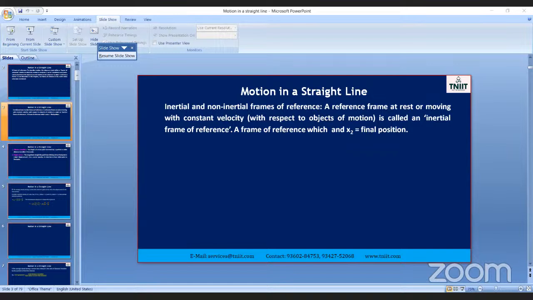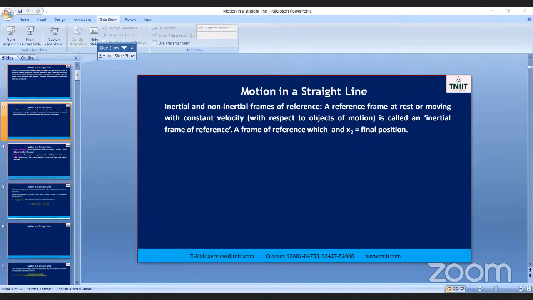So 2 meter is the distance traveled in 1 second. That we denote with per second, so 2 meter per second. This distance traveled in 1 second is what we call the speed. So speed is the distance traveled by the body in 1 second.